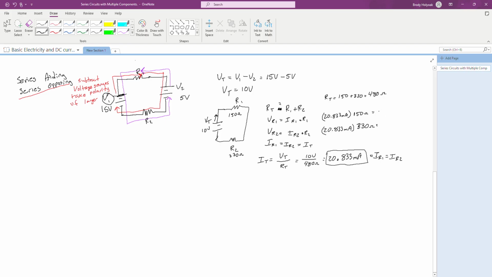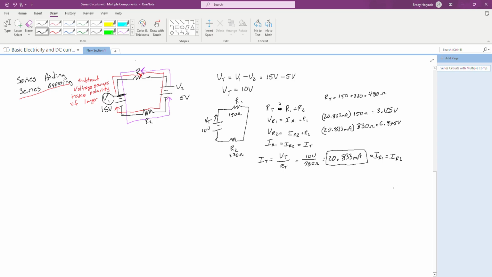So I get 3.125 volts. And my other resistor, R2, the 20.833 milliamps times the 330 ohm resistor, is going to give me 6.875 volts.